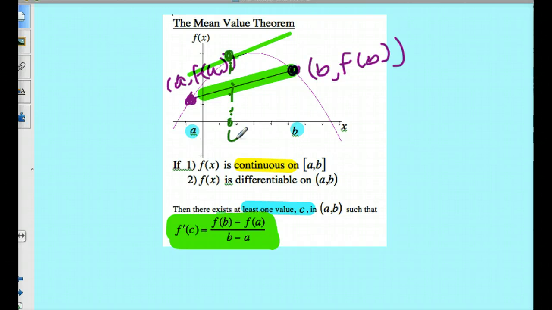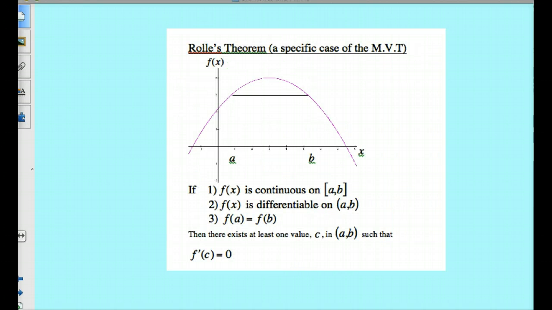Okay. There's a specific case of the mean value theorem called Rolle's theorem. And in this case, what we're going to notice is the value at A and the value at B is exactly the same. So here, A comma f of A and B comma f of B are 2 points that have the same exact value.